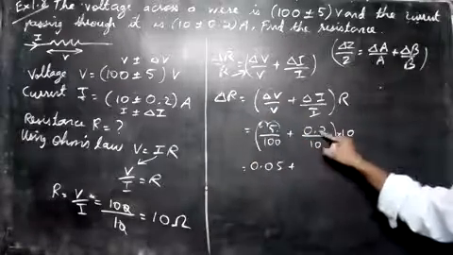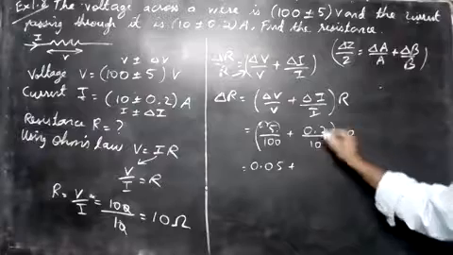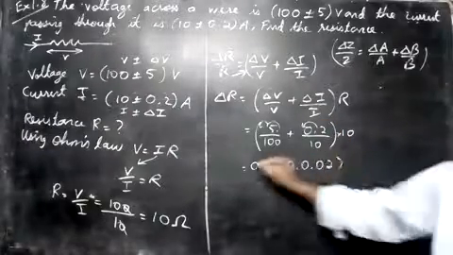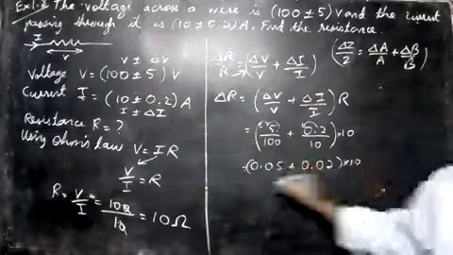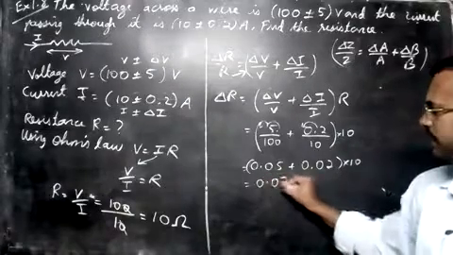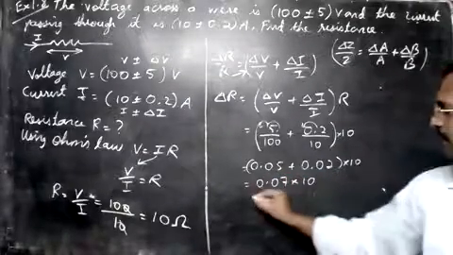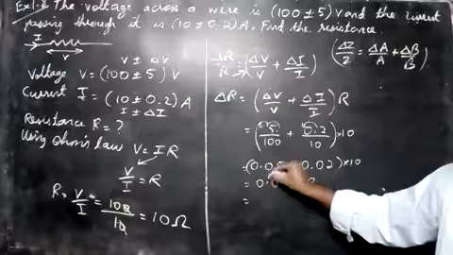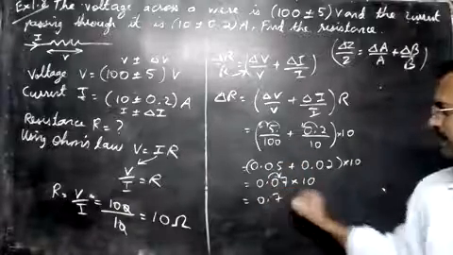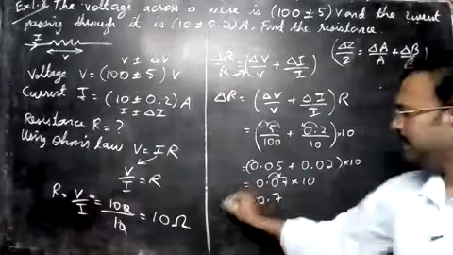Plus 0.2 by 10, which is 0.02. So 0.05 plus 0.02 is 0.07, into 10. When you multiply by 10, the decimal point jumps to the right, so we get 0.7. That will be delta R.